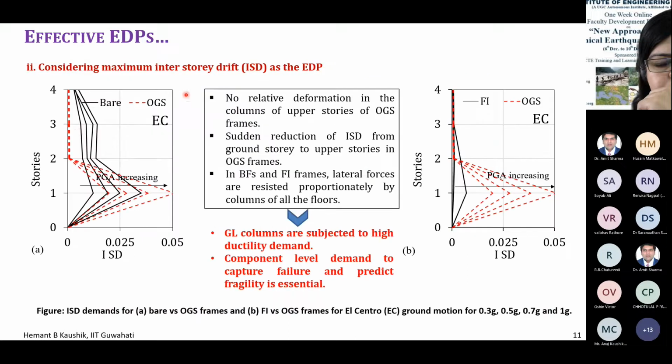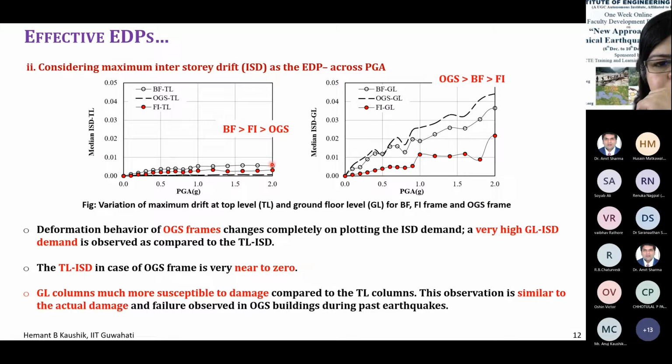If you look at here, after second floor, you have this more, right? So bare frame is more vulnerable in that case after second floor. So this is what is happening here. This is followed by the fully infilled frame, which is the red dots, and the open ground story frames, which are these dotted lines, right?